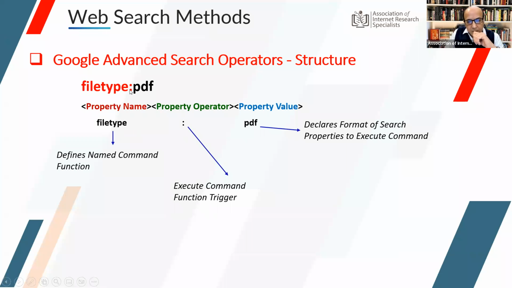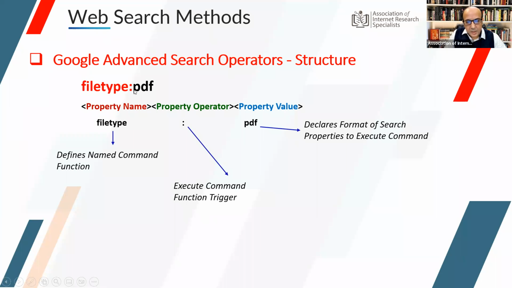The colon sign is responsible not only for giving meaning to what needs to be declared after it against the filetype, it is also telling the search to execute an operation, activating a function. We call the colon sign a property operator, and it is responsible for executing a command.